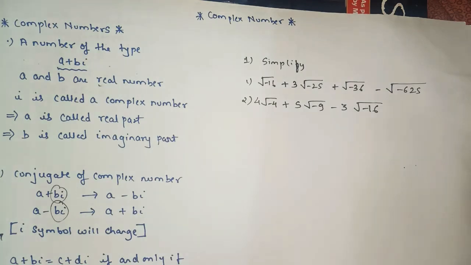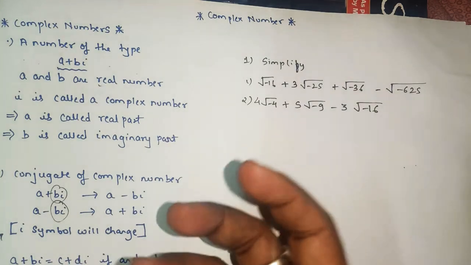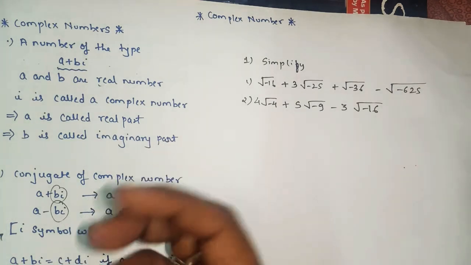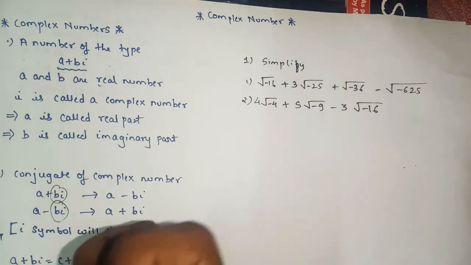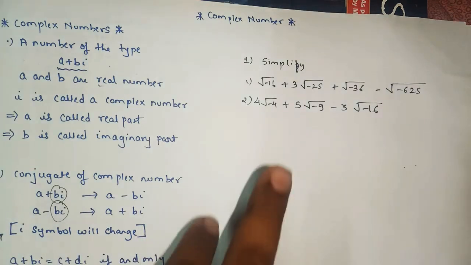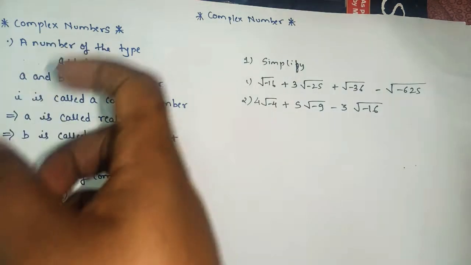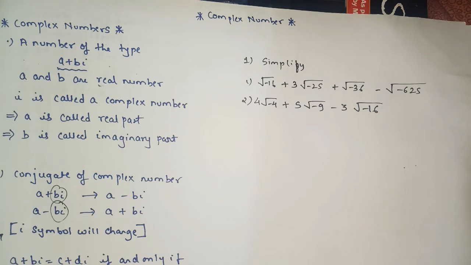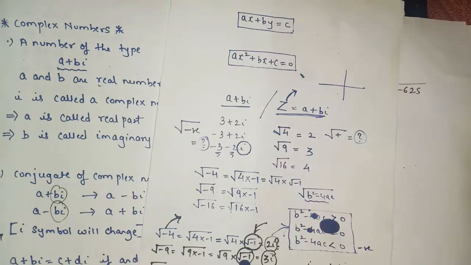Basically, whenever we say a linear equation or a quadratic equation, each and every thing has its own format. So in this chapter also we have the complex number with its own format, which is in the form of a plus bi, and I had explained each and everything in the last video lecture.